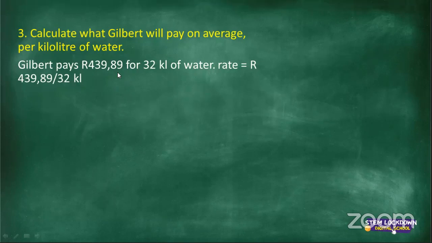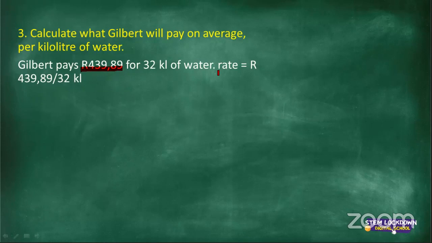This value is VAT inclusive. This is the amount Gilbert pays per month for 32 kiloliters of water. So we need to calculate how much on average he pays per kiloliter of water.